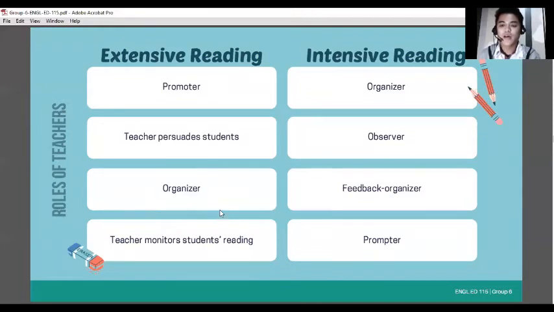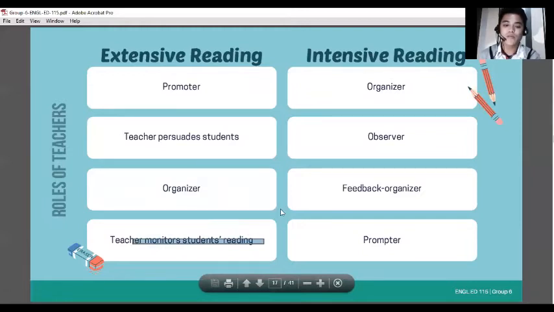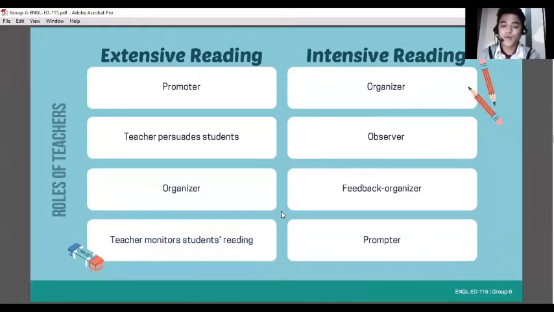Because if we are to tackle such a novel, for example, in our Filipino in high school, we discuss Jose Rizal's Noli Me Tangere and El Filibusterismo. Normally, we organize the text already, and we are summarizing everything. And for this, the teacher monitors students' reading. So we monitor our students' reading with extensive reading, to see if they have fully understood the text.